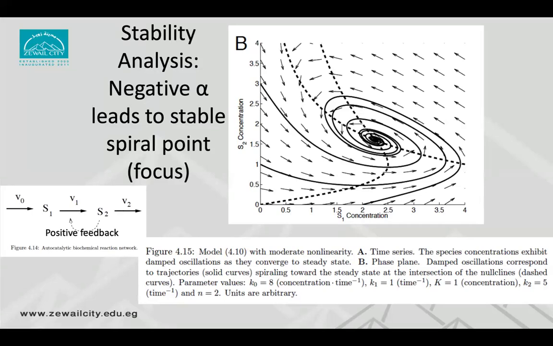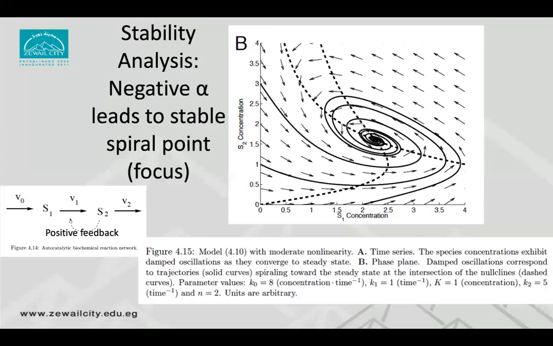And so you get damped oscillations, with a solid curve that gives you a spiraling in, and that takes place with the parameter values shown here.